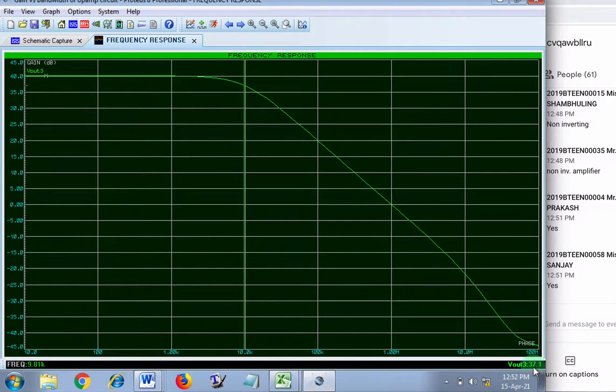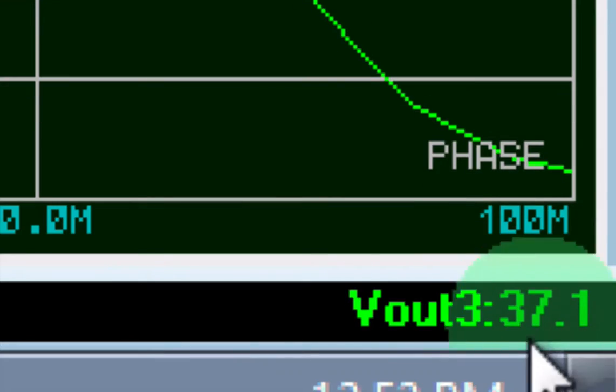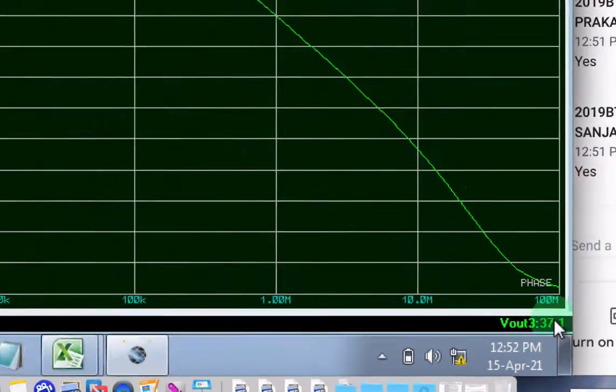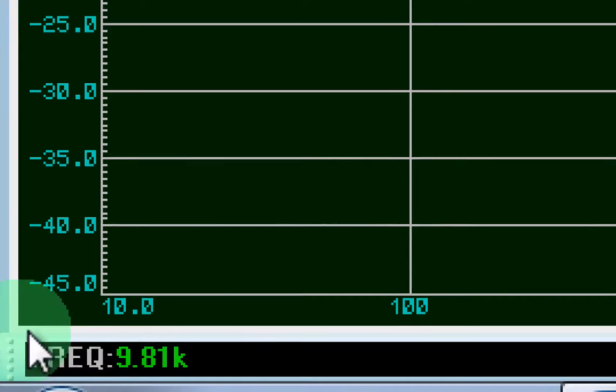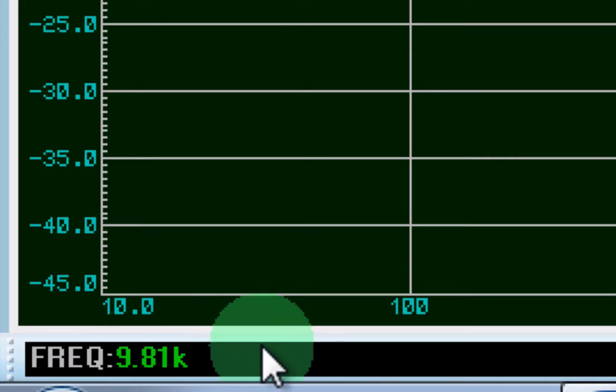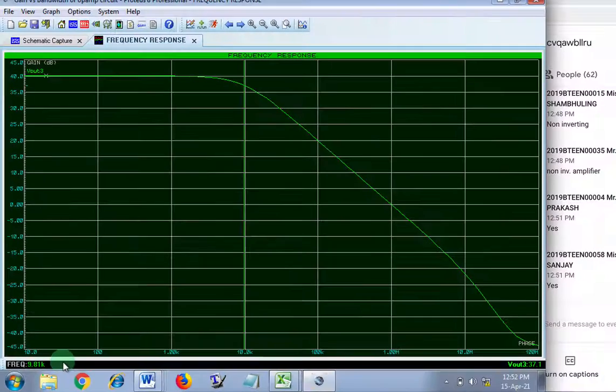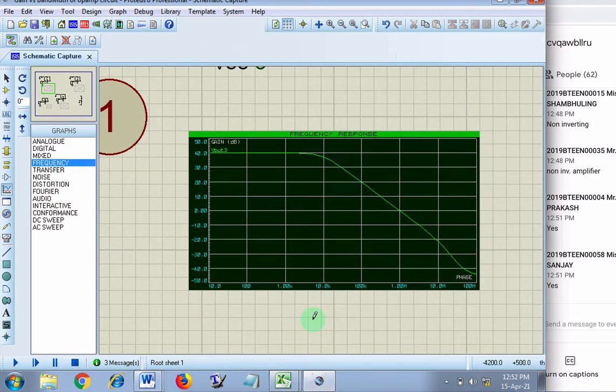Okay, now we have 37.1 as the gain, 3 dB less. So now if you check this, it is 9.81, so it's almost 10K. So from 1 megahertz it has come to 100K and then it has come to 10K. Understood this? Yes or no?